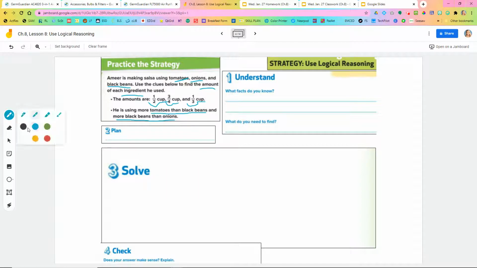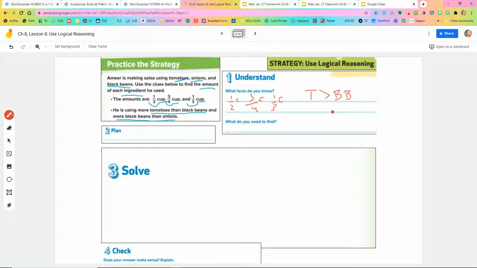All right, so let's come over here to our first step and let's really understand what we know. We know that I have these amounts. And this would be like if you're stuck, you would write your facts out to get that brain pumping and moving and thinking. It also says he is using more tomatoes. Now I'm just going to abbreviate. More tomatoes than black beans.